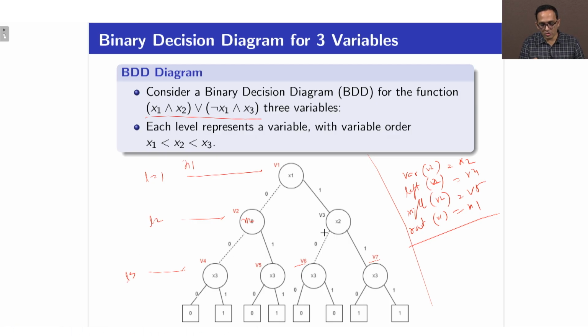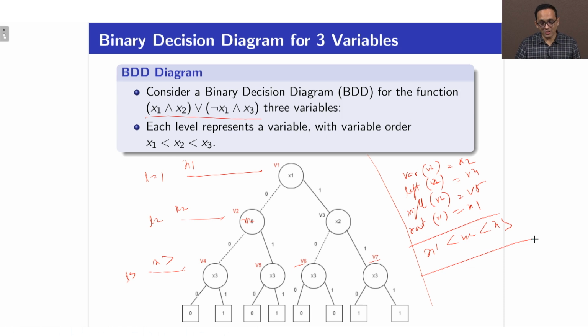All nodes in level 2 are x2, because level 2 represents the x2 variable. In level 3 all variables are x3, because I have considered the order x1, x2 and x3. If I consider a different order, for example x3, x2, x1, then level 1 would have been x3, level 2 is x2, level 3 is x1.